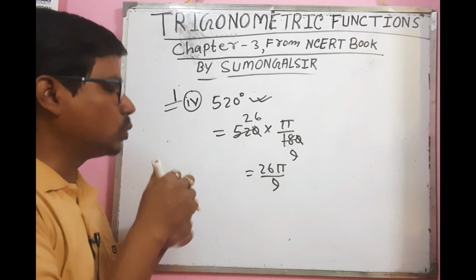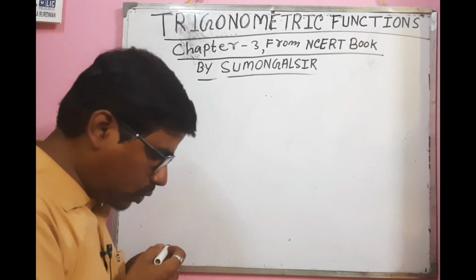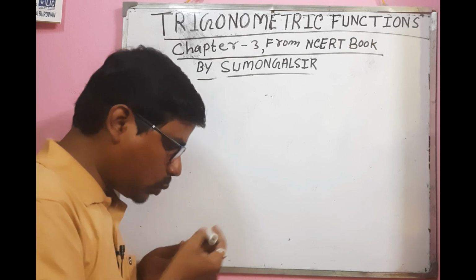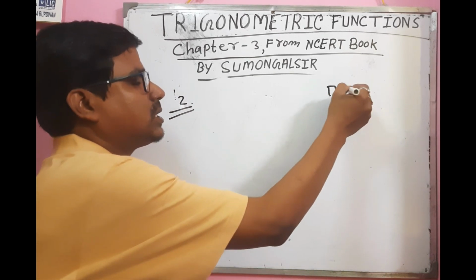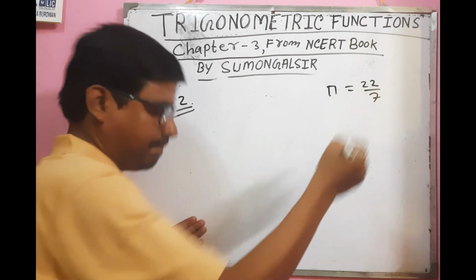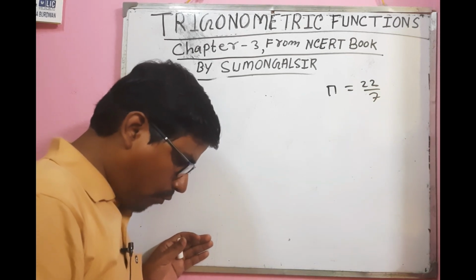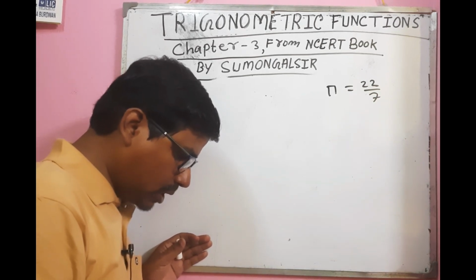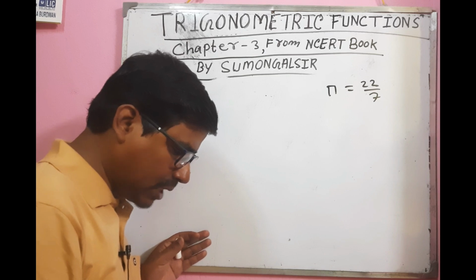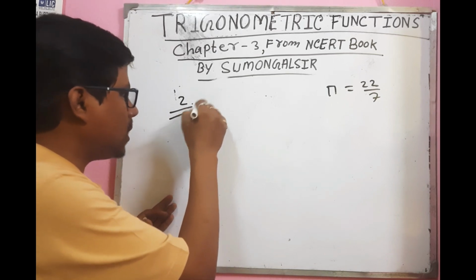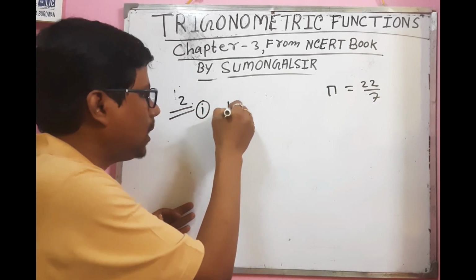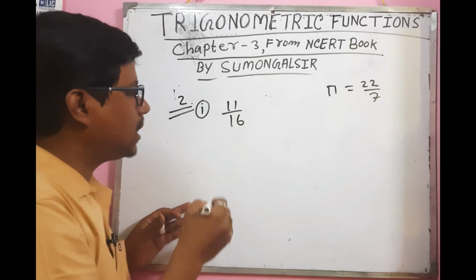Now we move to question 2. Question number 2 says: use pi as 22 by 7 and find the degree measure corresponding to the following radian measures. First question is 11 by 16.